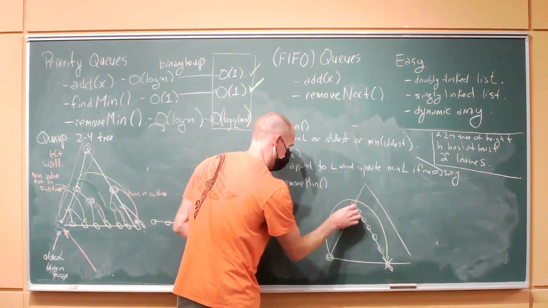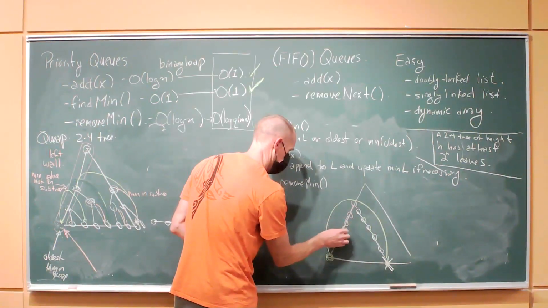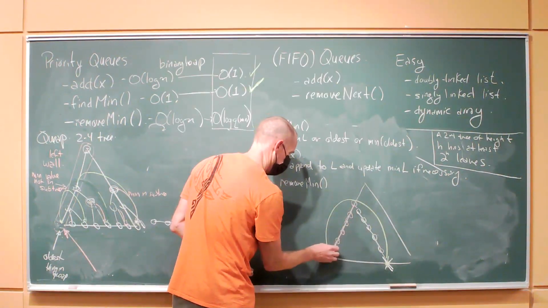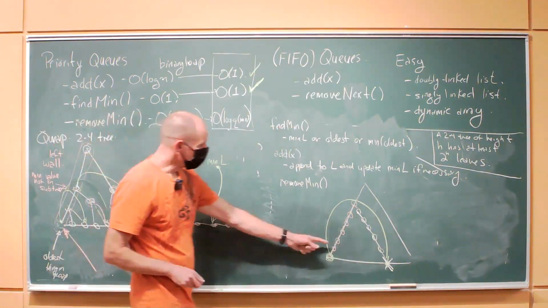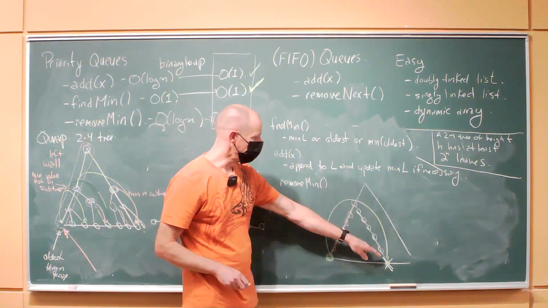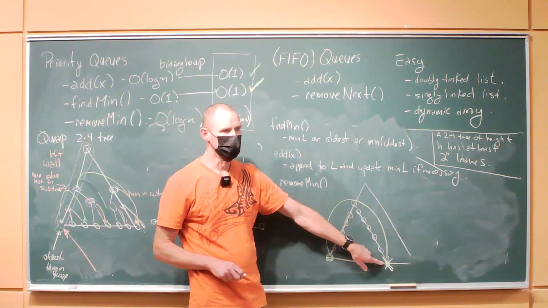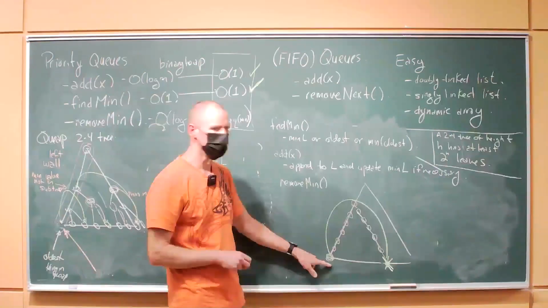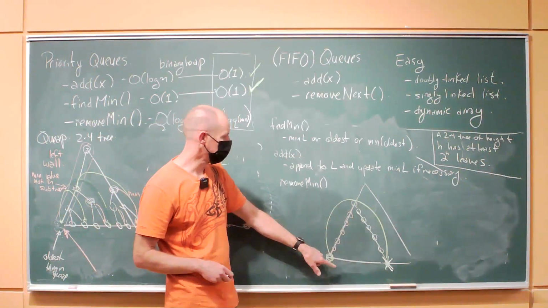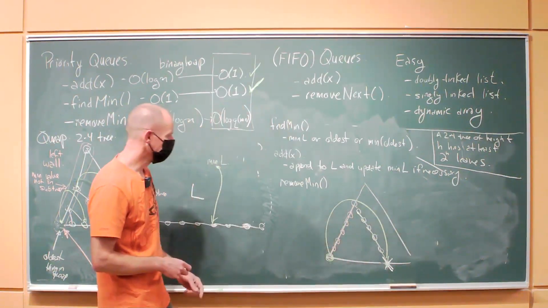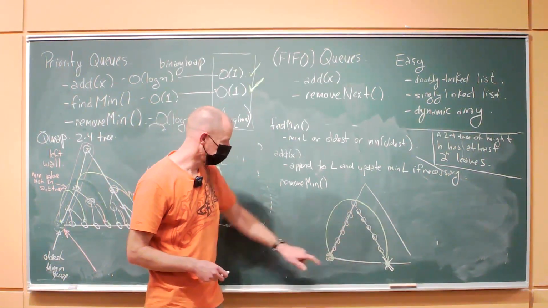Then there's also this path. Each of these points to the smallest thing not in their subtree, and indeed this was the smallest thing not in their subtree. In fact, it's definitely the smallest thing overall. That's why we're removing it. So all of these need to be updated.